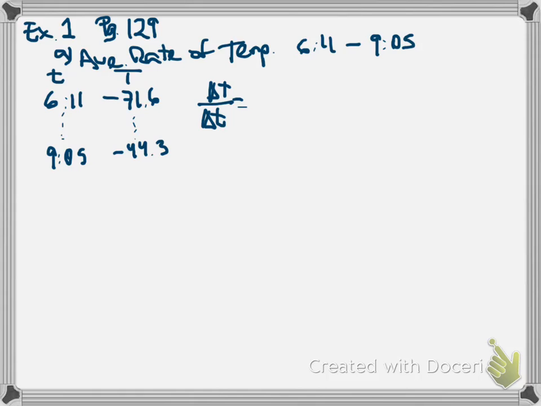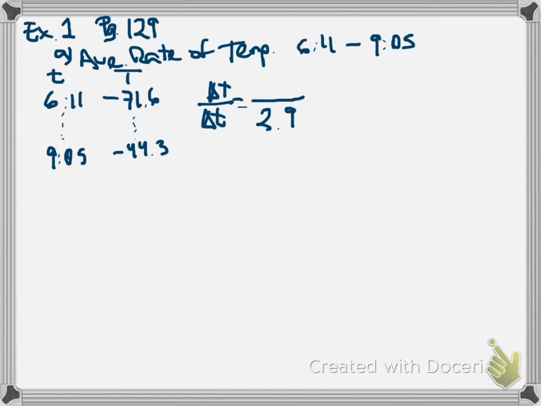In this case, the length between 6:11 and 9:05 is 2 hours and 54 minutes, which is 2.9 hours. This is the time here.